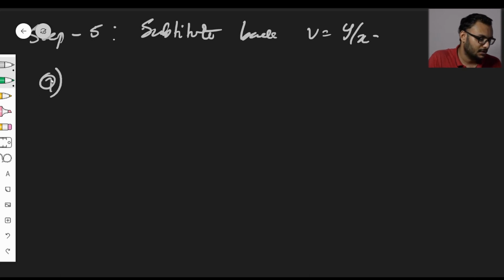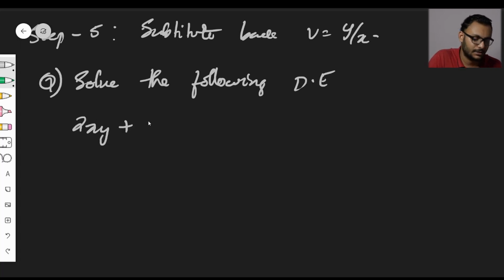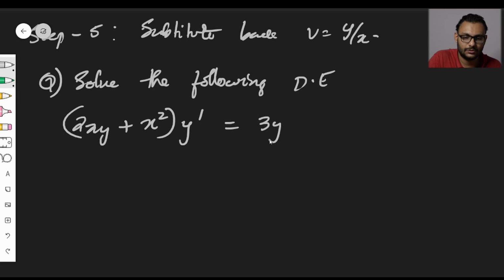Question: solve the following differential equation: 2xy plus x square y dash equal to 3y square plus 2xy. This y dash is nothing but the first order derivative of y with respect to x.